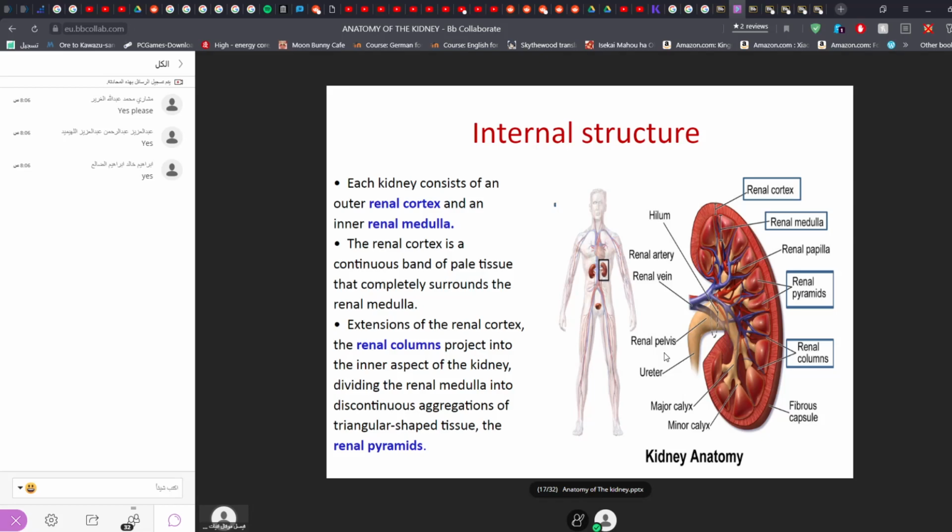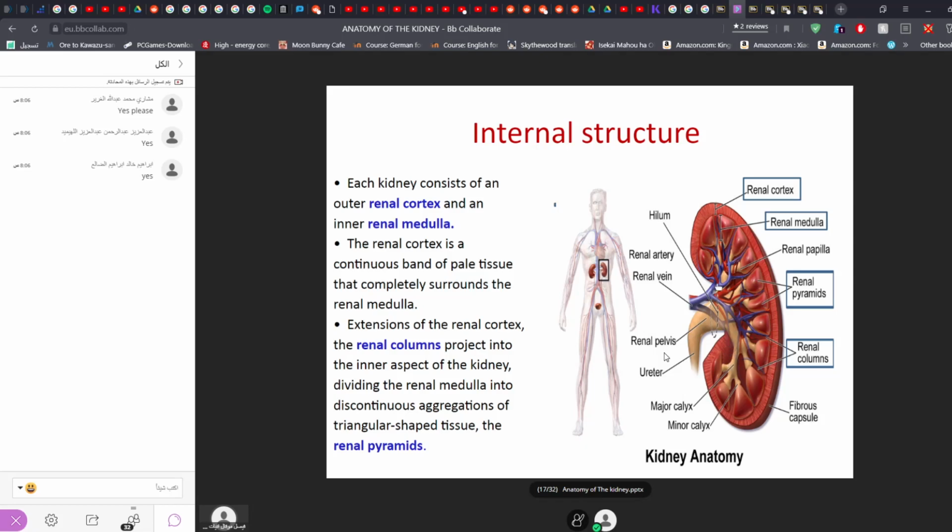Now coming to the internal structure of the kidney. If we see the internal structure of the kidney with naked eye examination, if we do a coronal section, this is the coronal section of the kidney. The outer reddish part is called the cortex. The inner pale part is called the medulla.